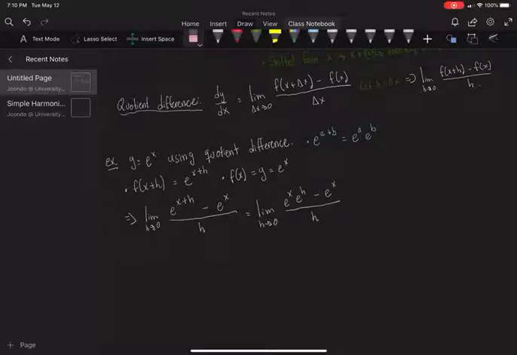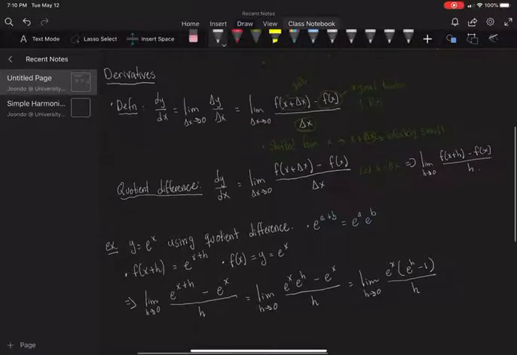So we have the limit as h tends to 0 of e to the x times e to the h minus 1, over h.